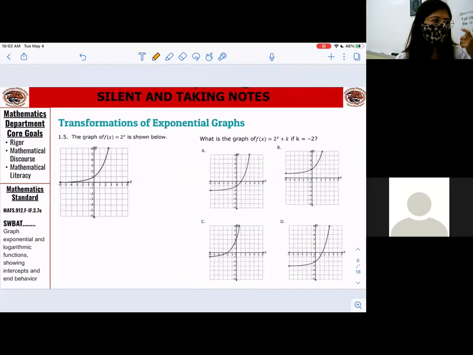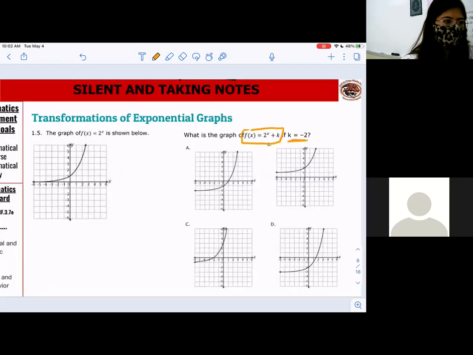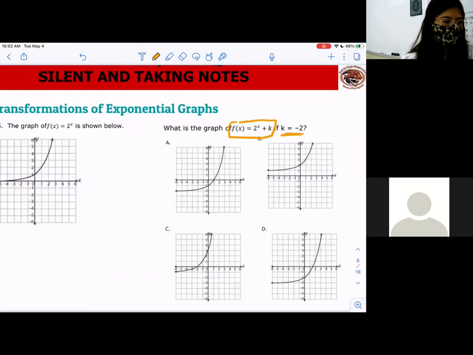Okay, let's check this out. Transformations. So this is the same graph we just saw right here, 2 to the power of x. Which one is the graph of f of x equals 2 to the power of x plus k if k equals -2? So if k equals -2, what's happening?